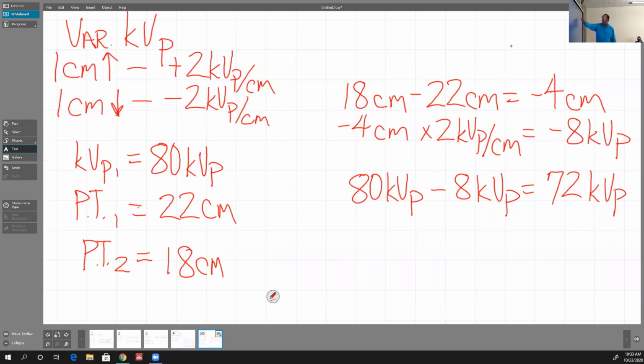What I did was solve for negative centimeters, and then I take the negative centimeters times 2 kVp. You could work it the other way. And that's where we get the negative 8 kVp. So you just multiply by 2. Mm-hmm. Yeah. Okay.